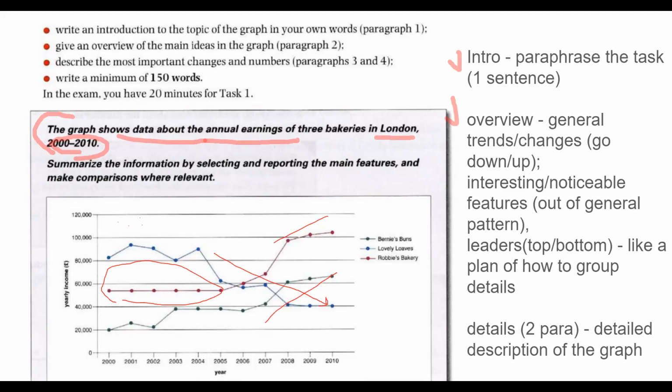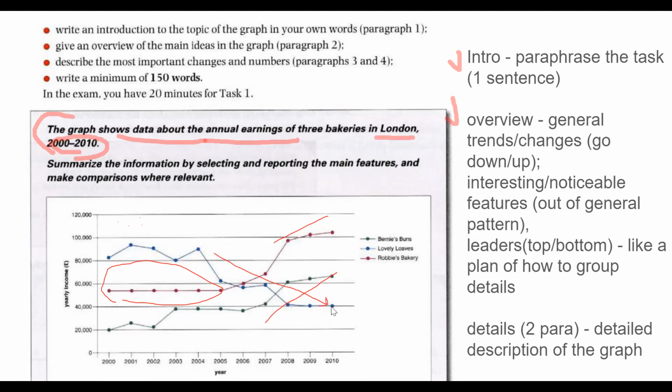Right, so in overview, we typically write about this. We can also include some information of, for example, what was the highest, what was the most popular thing, the least popular thing, generally.